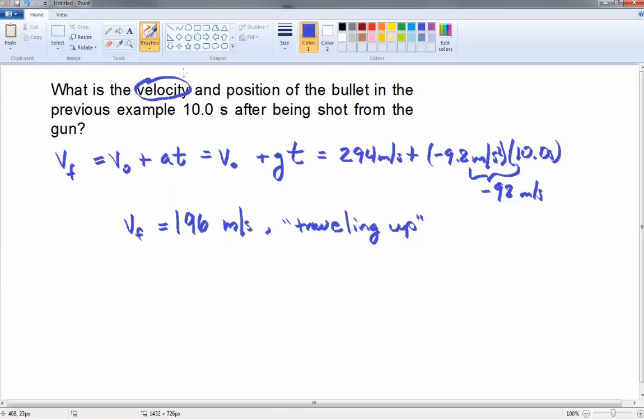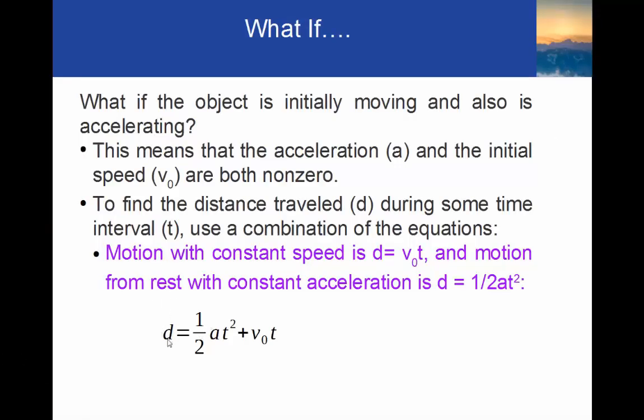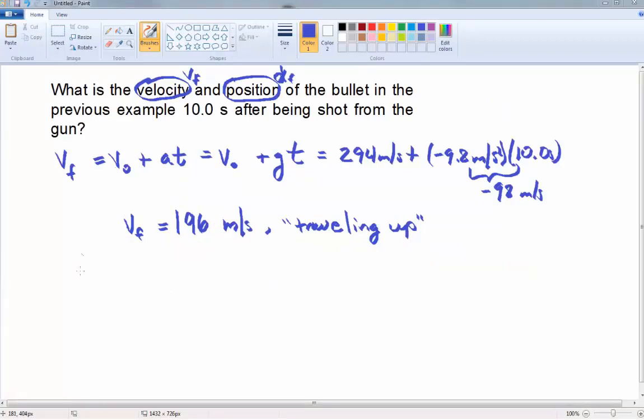The position that we're looking for we could call x final or d final, and we make use again of that equation that combines an initial velocity with an acceleration. That is, we're making use now of this equation, d equals 1/2 at squared plus v naught t. Again, because this and this are in opposite directions, this gets a negative sign with it. So we have d is equal to 1/2 at squared plus v naught t.